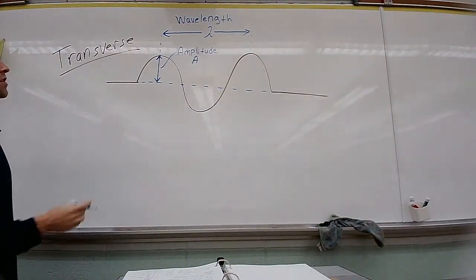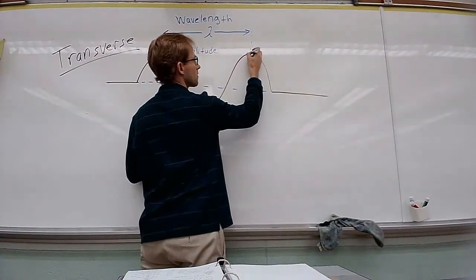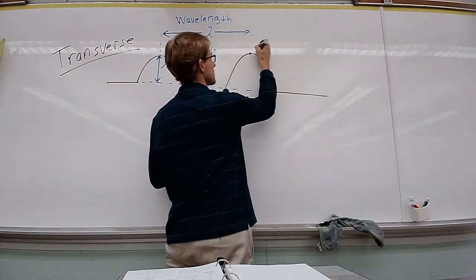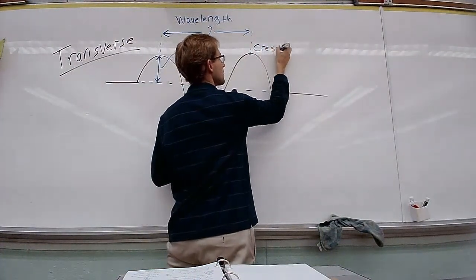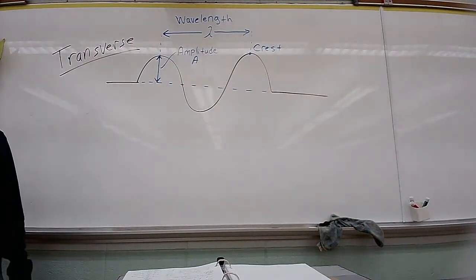A couple other things we need to point out about this. A little bit about the highest point of your wave. As mentioned, this is a crest. Anybody know what the lowest point is called?